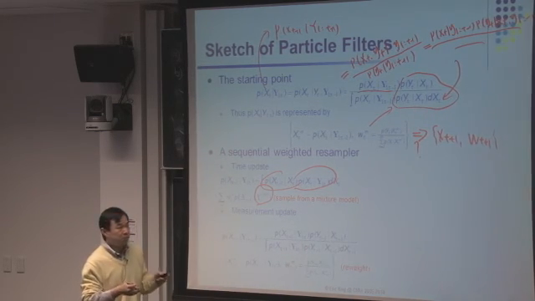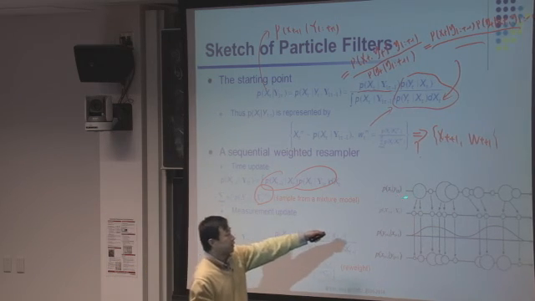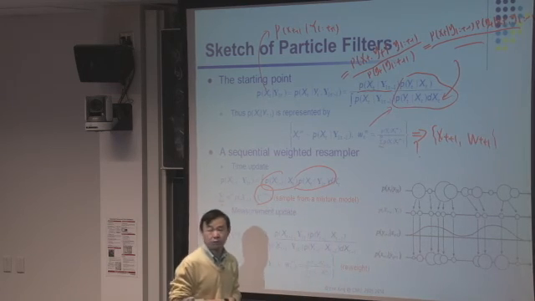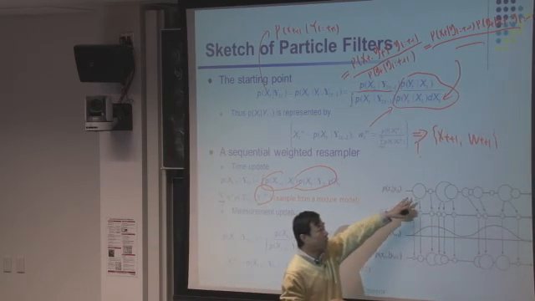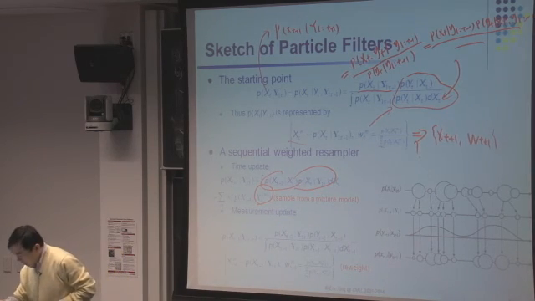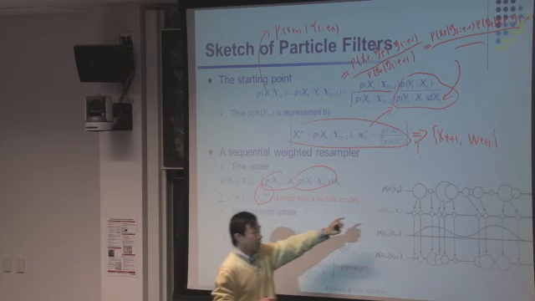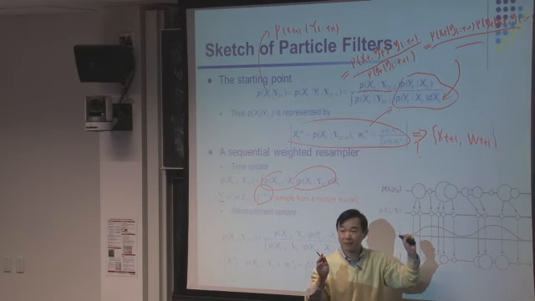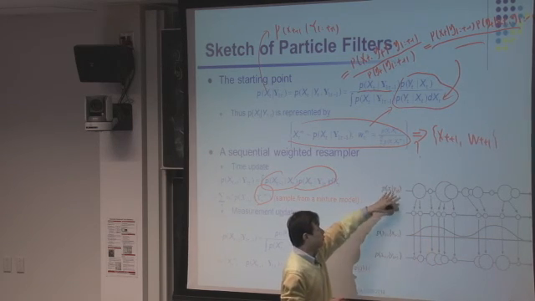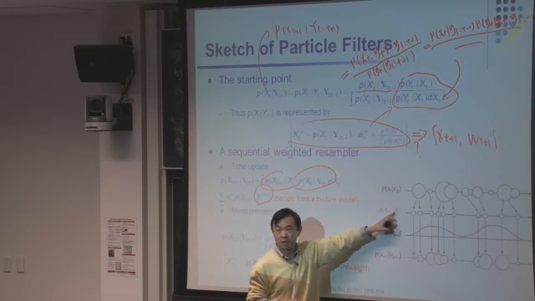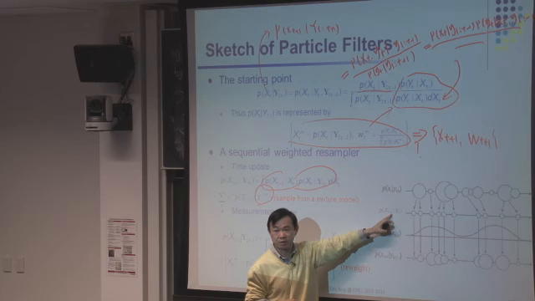To put things together, you start from this distribution, x t given y 1 to t, and here I use balls to express this set of samples. These samples are weighted, so you have samples here, here, here, and they have different sizes because they are weighted already. Then you use this to generate samples for x t plus 1 given y 1 to t. This is a predictive distribution from the last sequence to the new state.